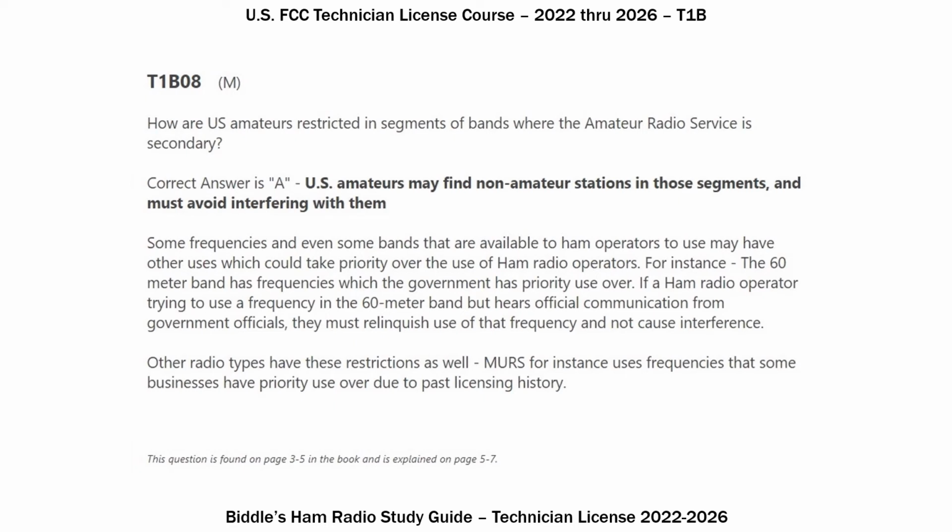Other radio types have these restrictions as well. MURS, which is not a ham radio system, is also based on an older business radio system, and businesses have priorities to use those frequencies, all due to past licensing history.